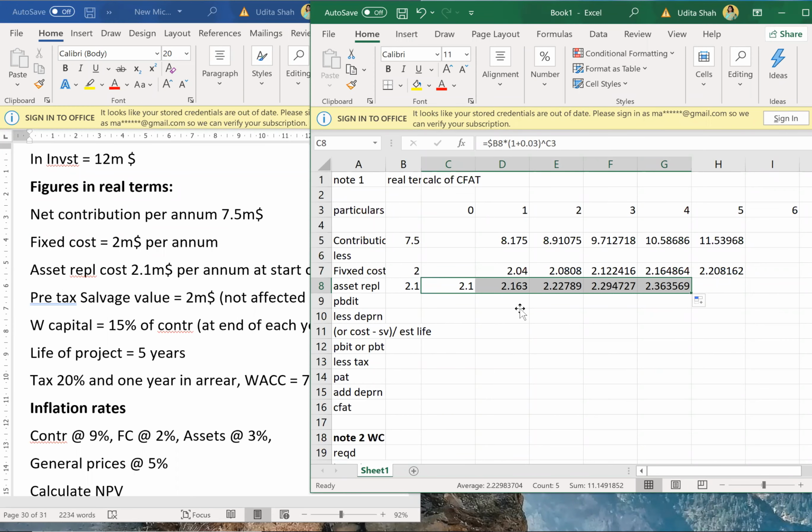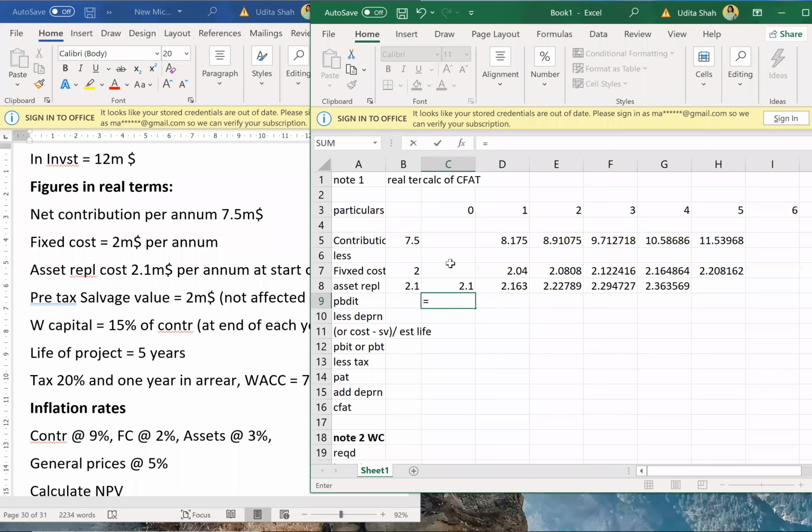Next, PBDIT. So what is my PBDIT? PBDIT will be contribution minus fixed cost minus asset replacement cost. So that is my PBDIT for the first 5 years. Less depreciation: original cost minus salvage value divided by estimated life. So here we do have salvage value now. Original cost is $12 million, correct?